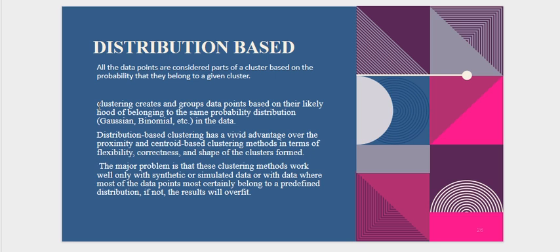So this is how a distribution-based algorithm works. It creates data points based on their likelihood of belonging to a cluster. The probability distribution can be Gaussian or binomial, etc. There are many algorithms used for the distribution-based, that is, statistical distribution-based.